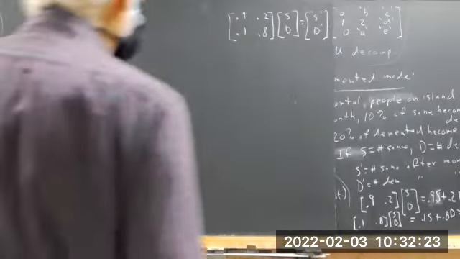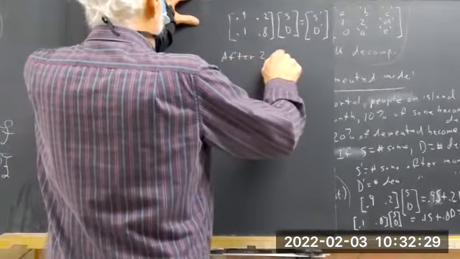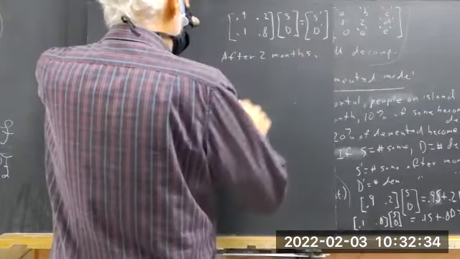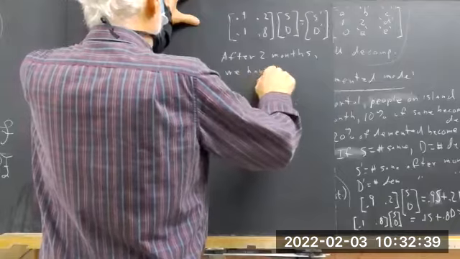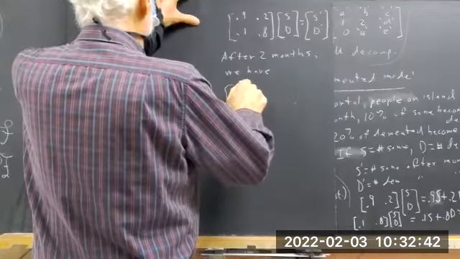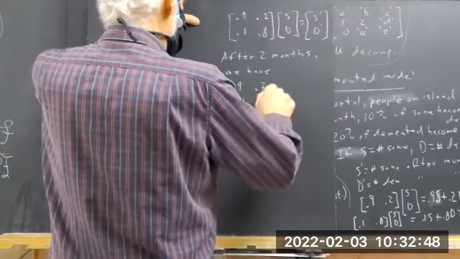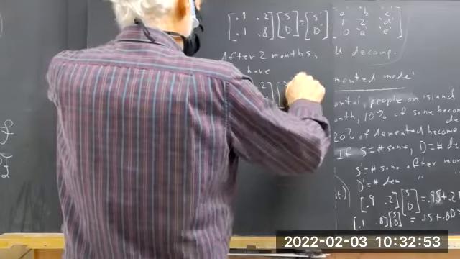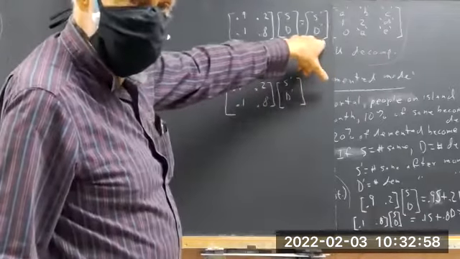Now, after 2 months, we're going to multiply this matrix by the new number of sane and demented.